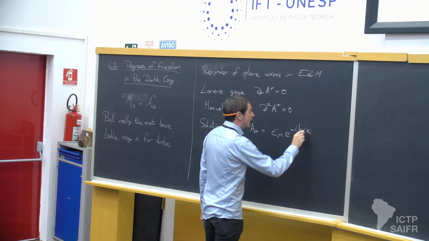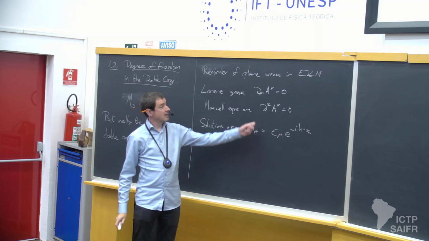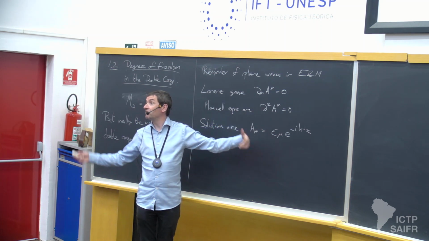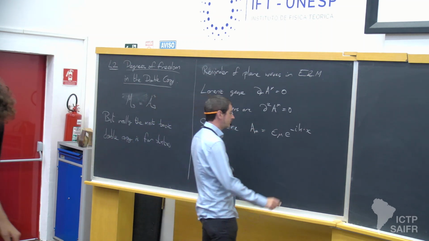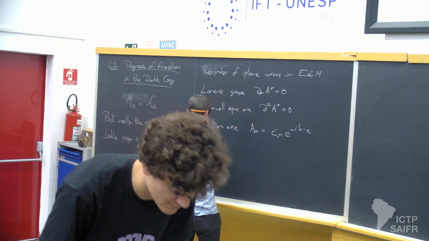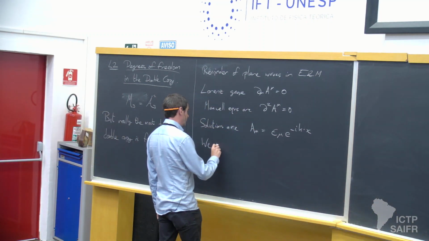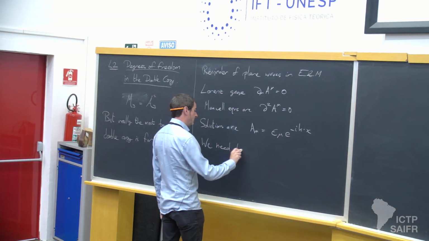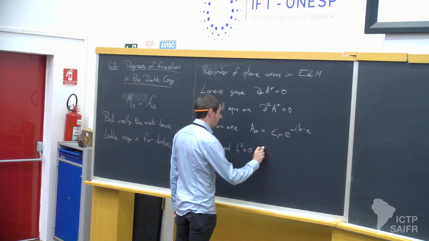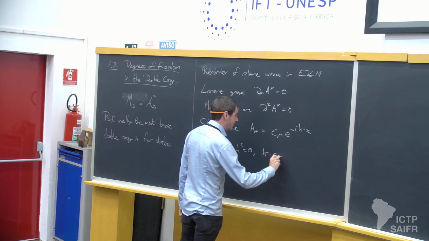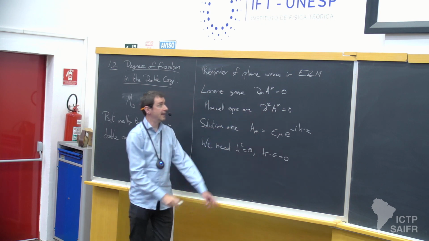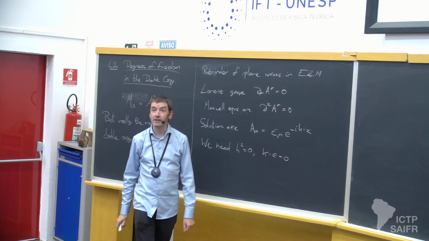Now, the Maxwell equation is solved provided k squared equals 0, obviously. So we need 2 things. We need k squared equals 0 and k dot epsilon equals 0 as well, because that's the implication of the Lorentz gauge condition.